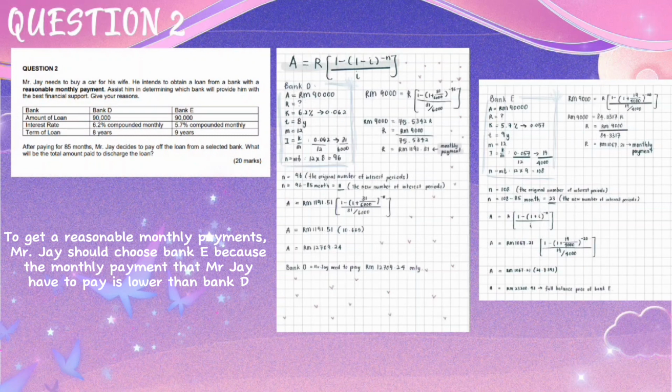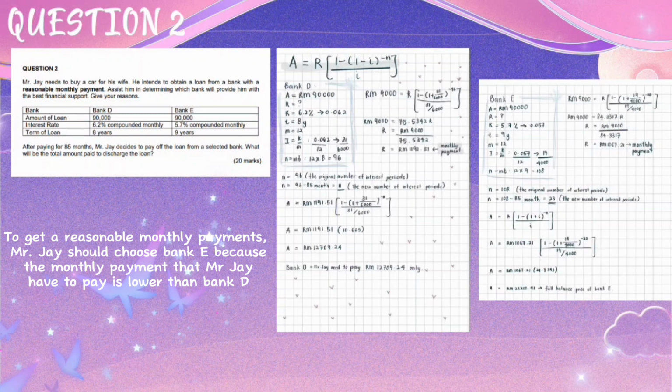Then applying into the formula, A equals 1,067 ringgit 21 sen times [1 - (1 + 19/400)^-23] over 19/400. Then A equals 1,067 ringgit 21 sen times 21.7393.